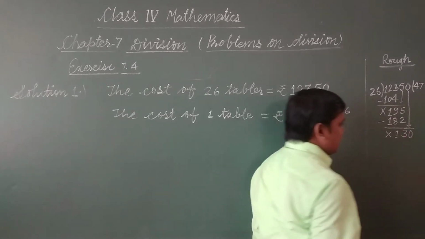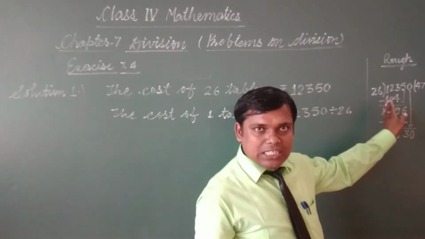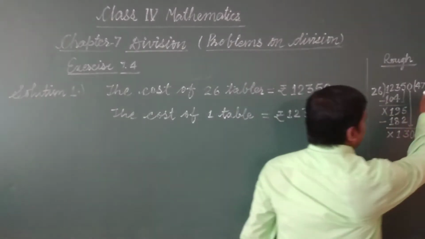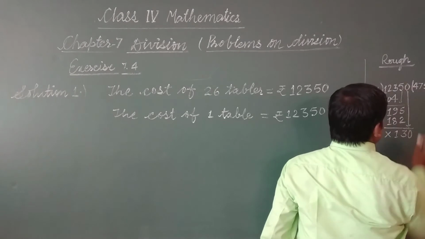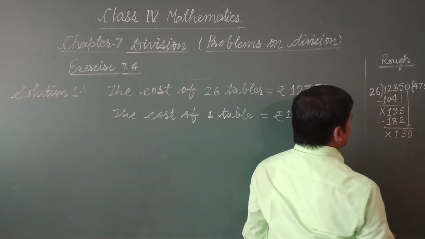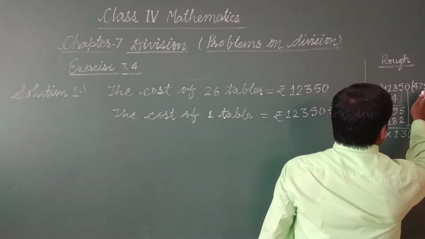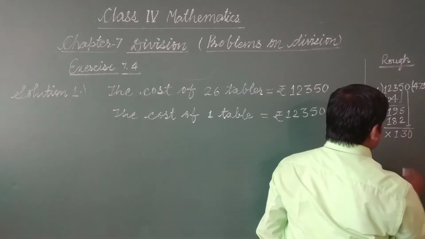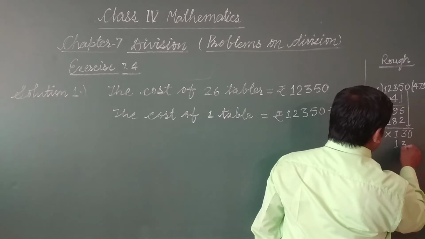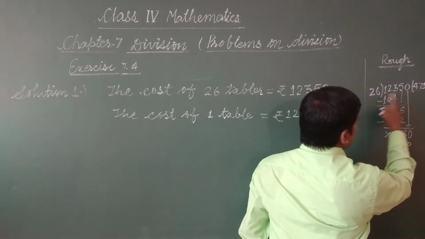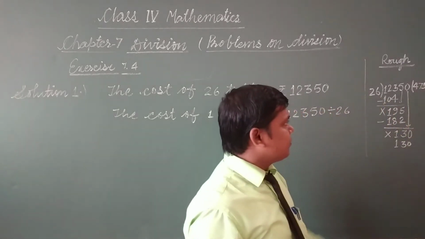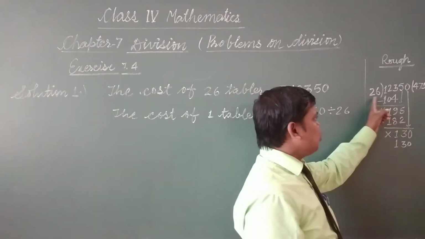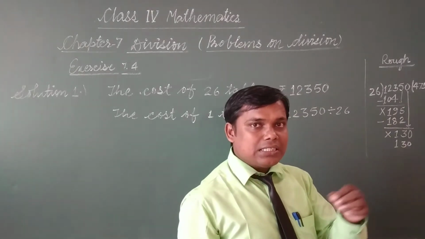Now again we see the multiplication table of 26 up to which times we are reaching 130. So when you multiply by 5 times, you will surely reach 130. 6 5s are 30, 0, carry 3, and 2 5s are 10 and 3 is 13.